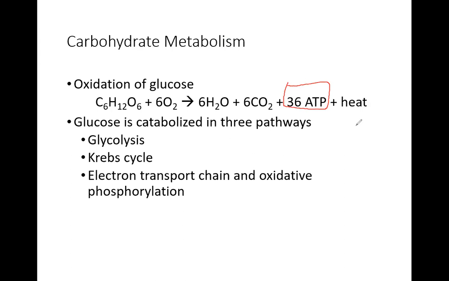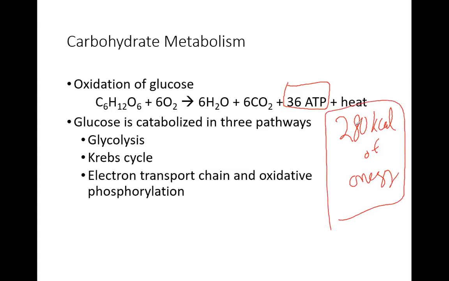You multiply 36 times 7.3, and it comes out to something like 260 or 280 kilocalories of energy. That's what we get to use. That represents 40% of the available energy in a molecule of glucose. 60% is lost as heat, but 40% is what we get to use. Most of our body heat comes from our skeletal muscles.